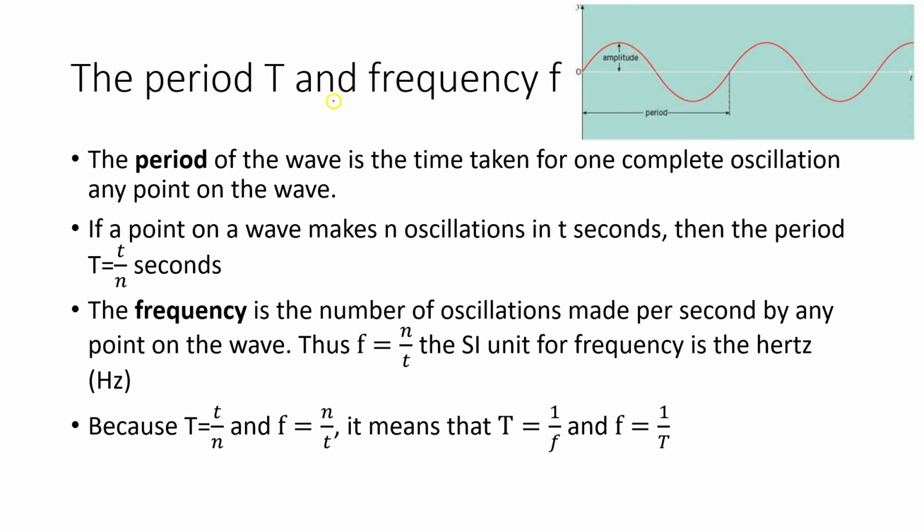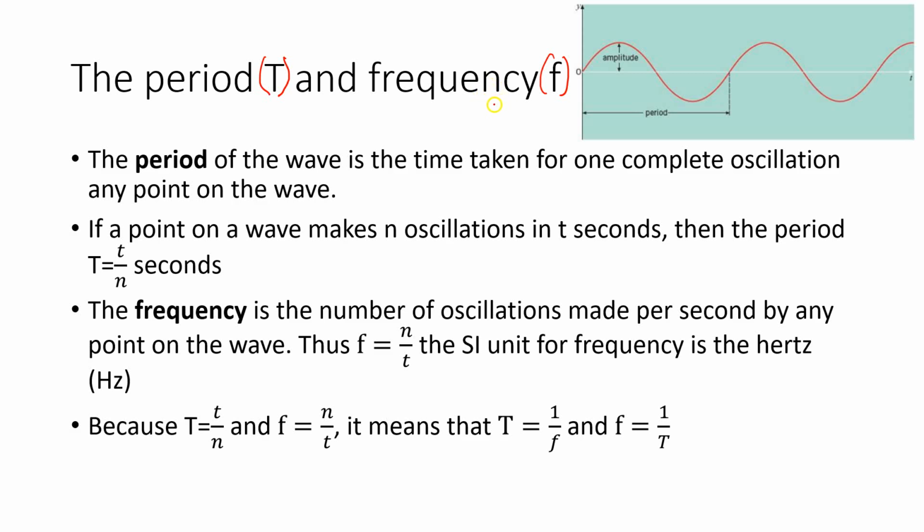All right. Now, here we're talking about the period T. Whenever we talk about the period, we use a capital T to represent period, right? Whenever we're talking about the frequency, we use a small f to represent frequency. And whenever we're dealing with waves as a whole, this is not the first time we're hearing about period. Anything that oscillates will have a time period. Anything that oscillates will have a frequency, right?